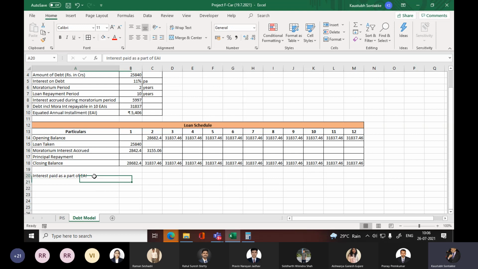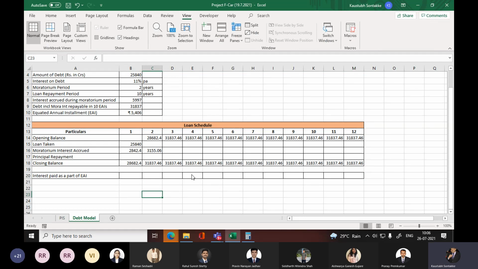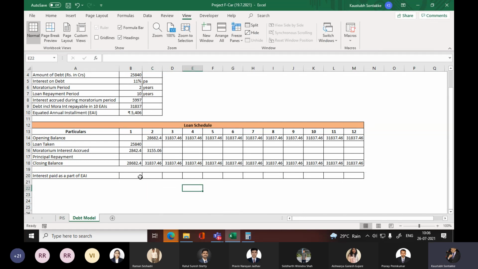Now, you're paying interest from year 3. And the interest you're paying is on the opening balance at 11%.